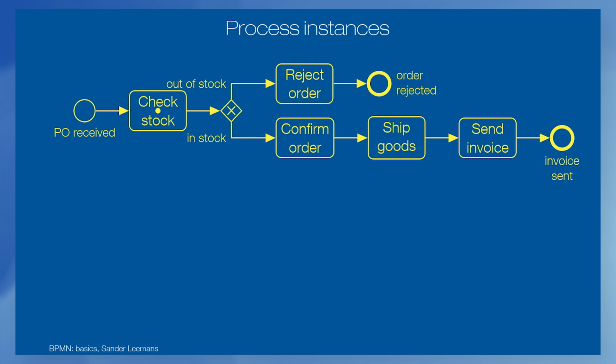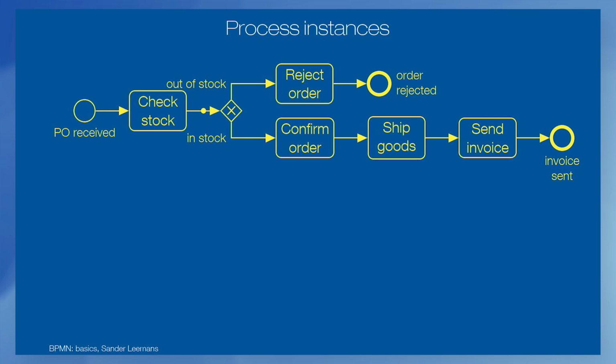Then, when it's done, the check stock will produce a token on its outgoing sequence flow, like this. Now we are at a gateway, and this gateway checks whether the items were in stock. It doesn't go to the warehouse, but it knows the result of the task we've just done and forwards the token either up if it's out of stock or down when it's in stock.